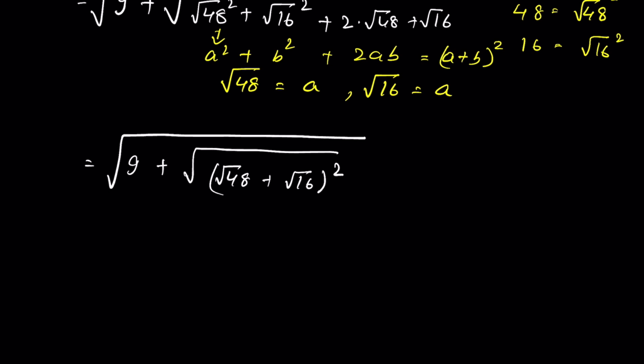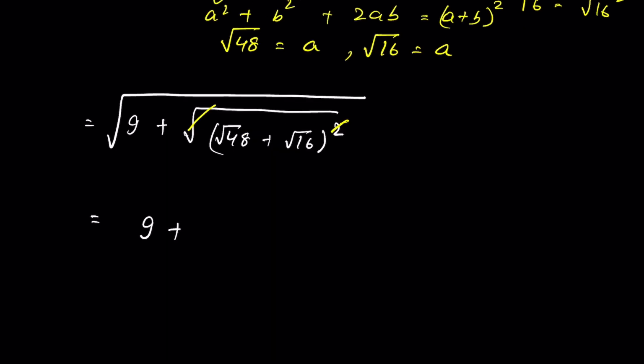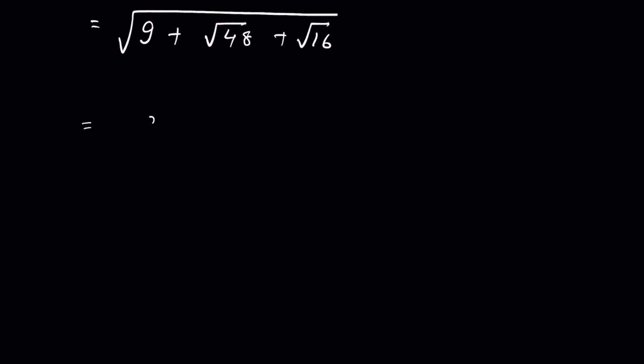Now we can remove this square root with this square. Now we have 9 plus square root of 48 plus square root of 16 under square root, or 9 plus square root of 16 is 4, then plus square root of 48, all under square root.